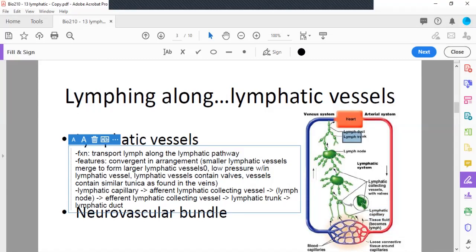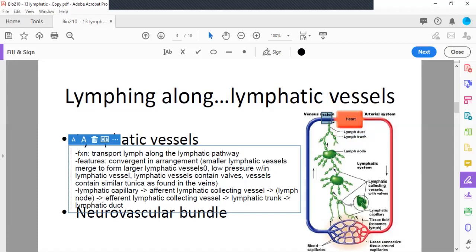You can see the merging of all these collecting vessels form a trunk, and the lymphatic trunks merge to form the lymphatic duct, and the lymphatic duct will return the water, the volume, back into the vein.